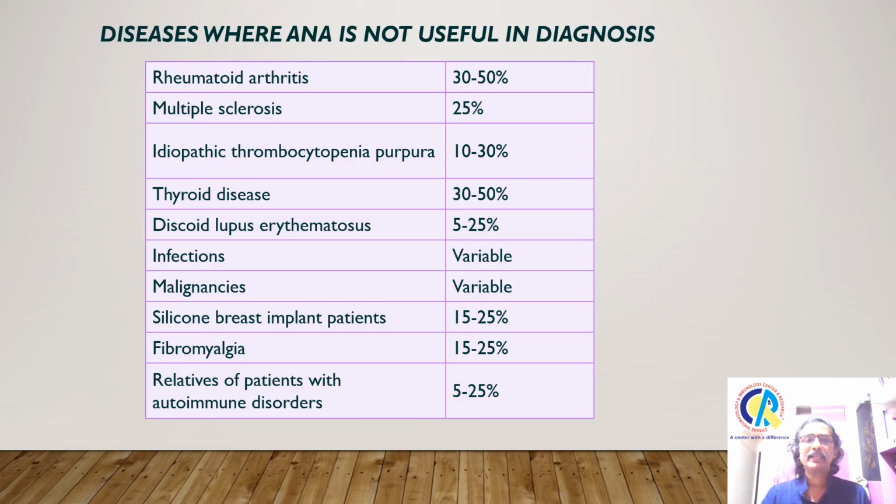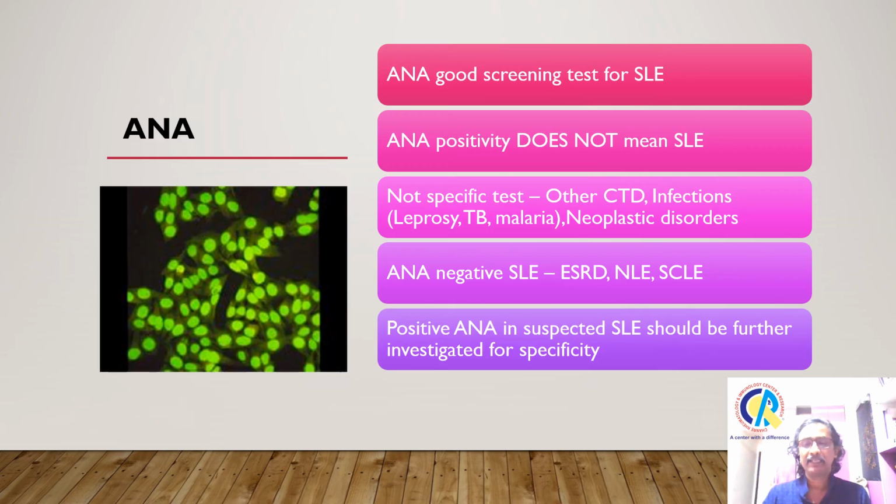Similarly, in cases like rheumatoid arthritis, multiple sclerosis, ITP, thyroid disease, sometimes in DLE and varieties of infections and malignancies, we can see ANA to be positive. So thus we need to remember ANA is a good screening test for SLE.